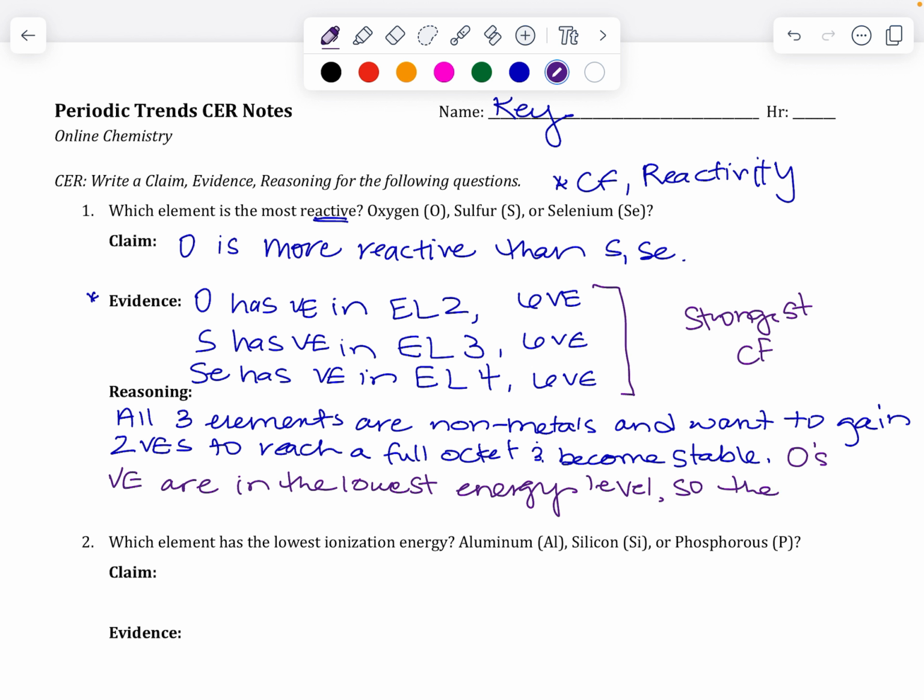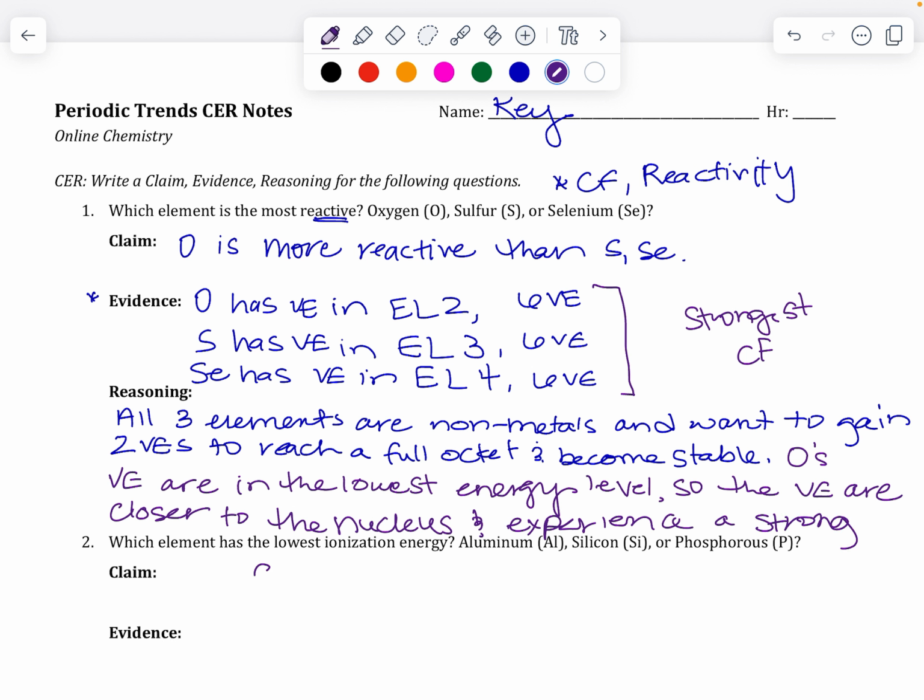The valence electrons are closer to the nucleus and experience a stronger Coulombic force. So that's how I know I have a strong Coulombic force.